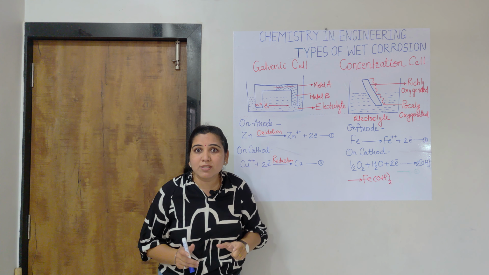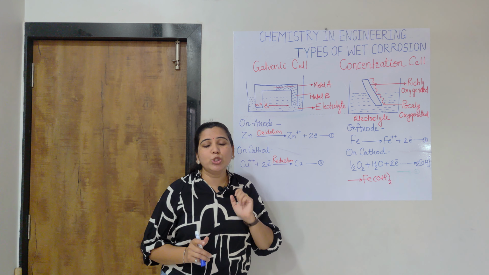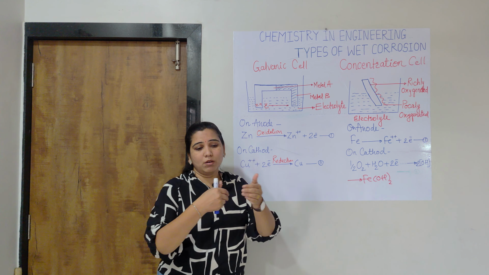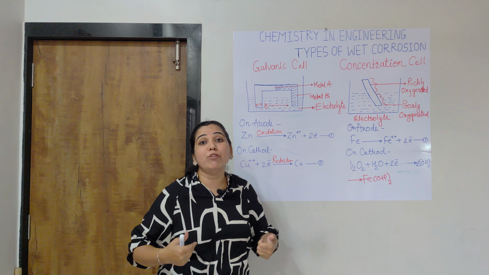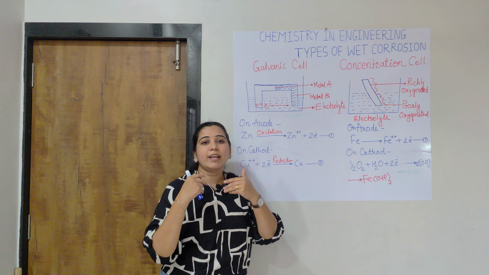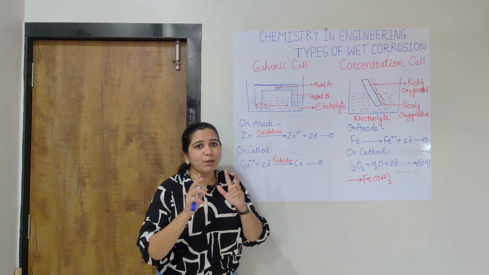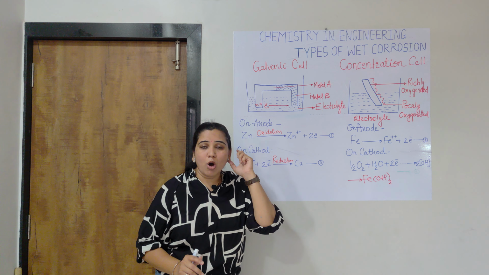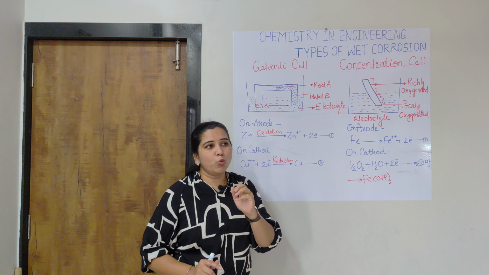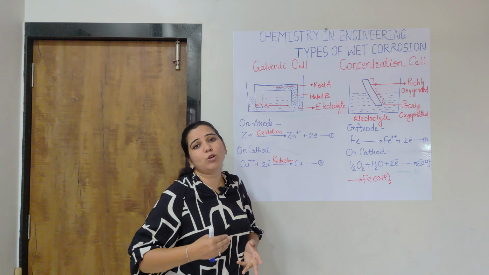According to its name, electrochemical corrosion, there is an interaction with the help of electrons. Electrons are given and electrons are taken. When the process occurs like that, it is called oxidation and reduction. When oxidation occurs, it is called corrosion.